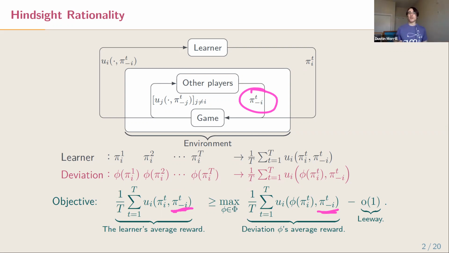So it's a different kind of optimality notion than something like Nash equilibrium, where we're going to find a strategy that we could deploy against any other strategy and it's going to do well. And it's not like an optimal best response strategy that we could deploy and it'll do as well as it could possibly do against some particular strategy. Instead, we're going to try to be robust with respect to the future strategies that the other players might use.